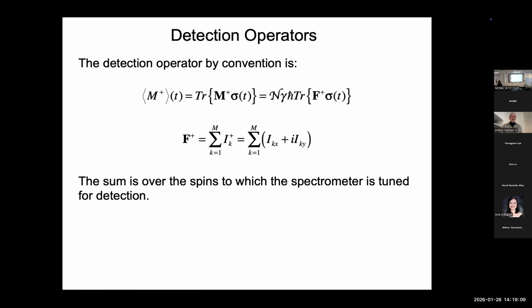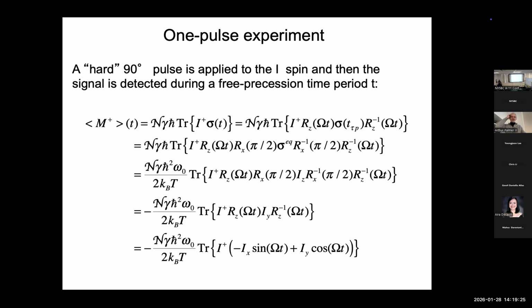So at some level, we're done. We can put in more complicated Hamiltonians, which is what we'll start to do next time. But the formalism is basically going to be the same. So here now is the one pulse experiment. We need the trace of the detection operator with sigma as a function of time during acquisition.